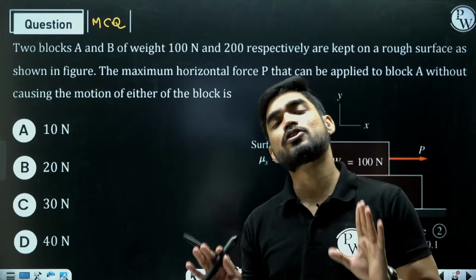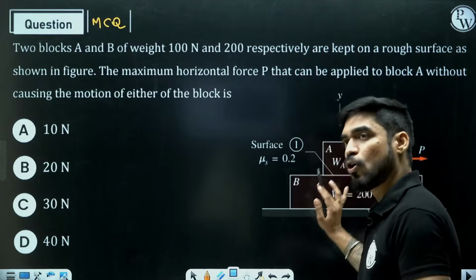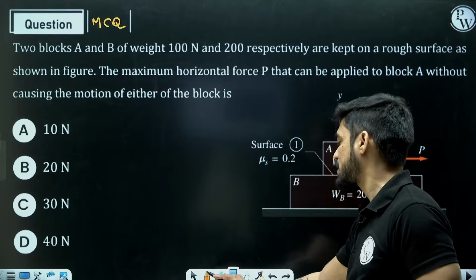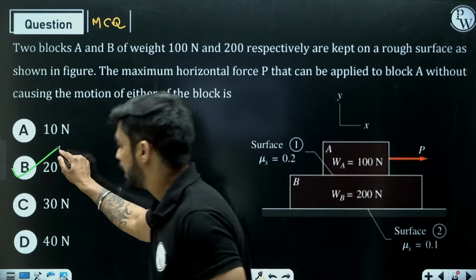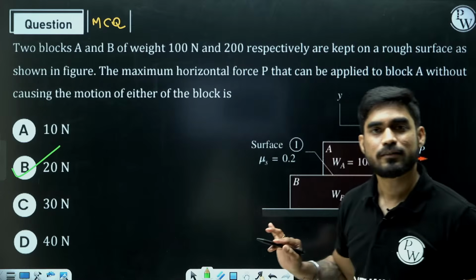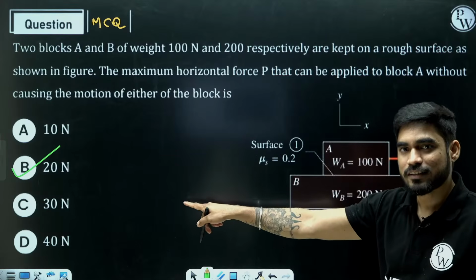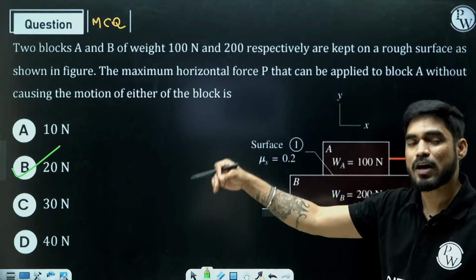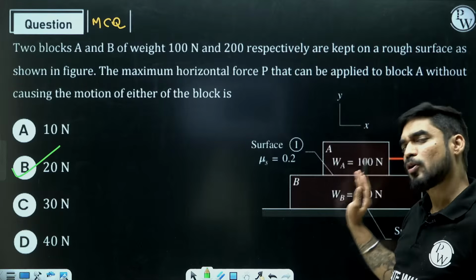But they are saying none of the blocks should move. So how much maximum force can you apply without moving either block A or block B? The answer will be 20 Newton. If you apply, let's say, 25, then block A will start moving while block B will not.